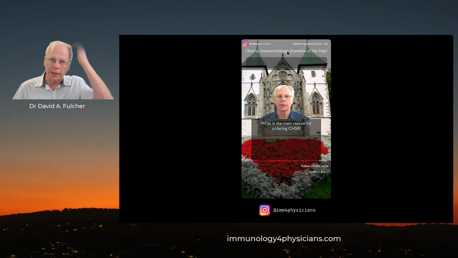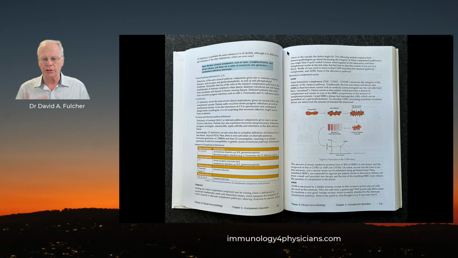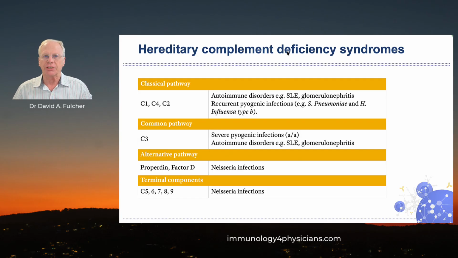Well, of course, this is sort of revision for the complement section in the Primer of Clinical Immunobiology. So if you want to read along, then flick open to this page, and this is what we'll be reviewing today.